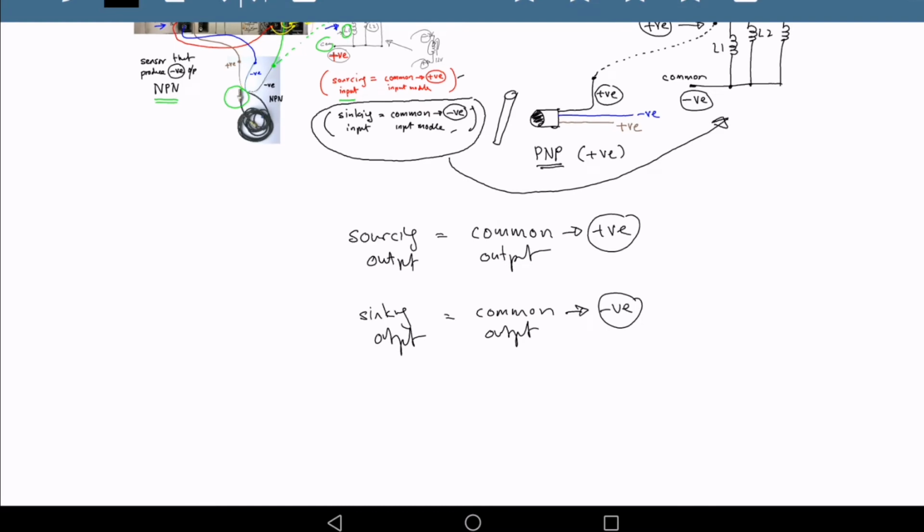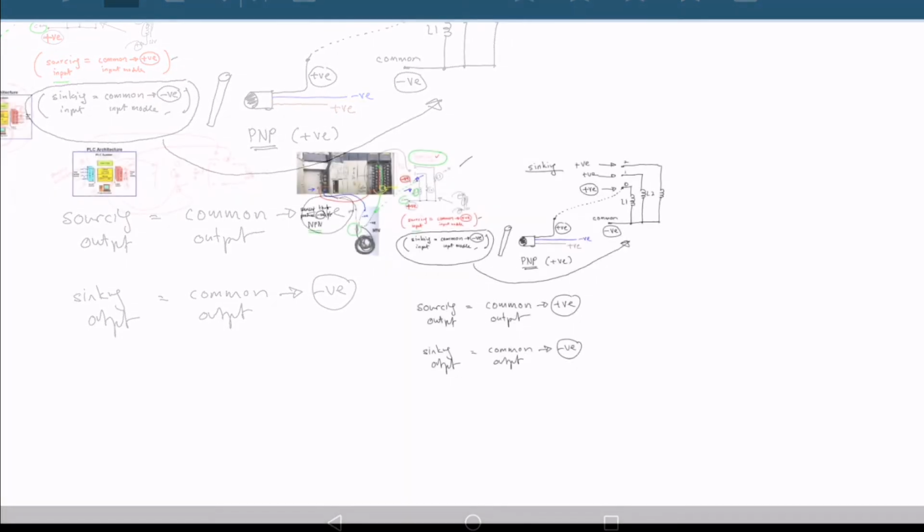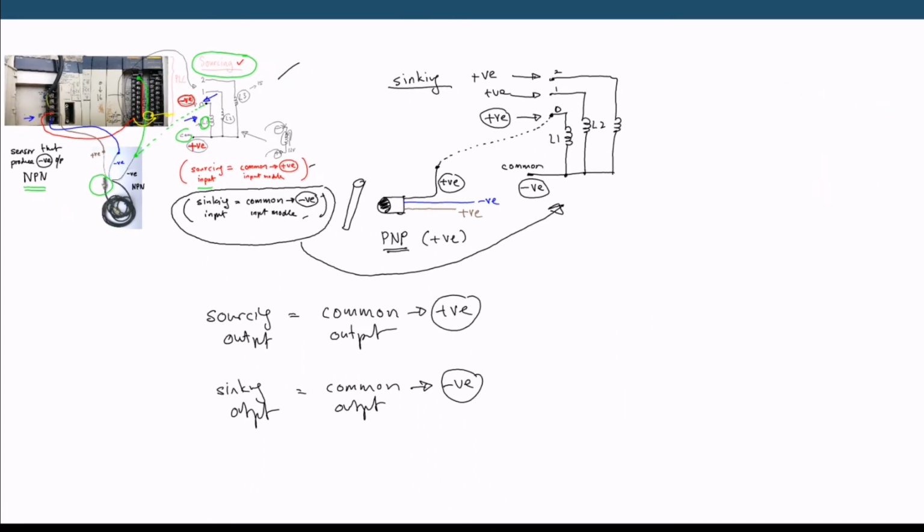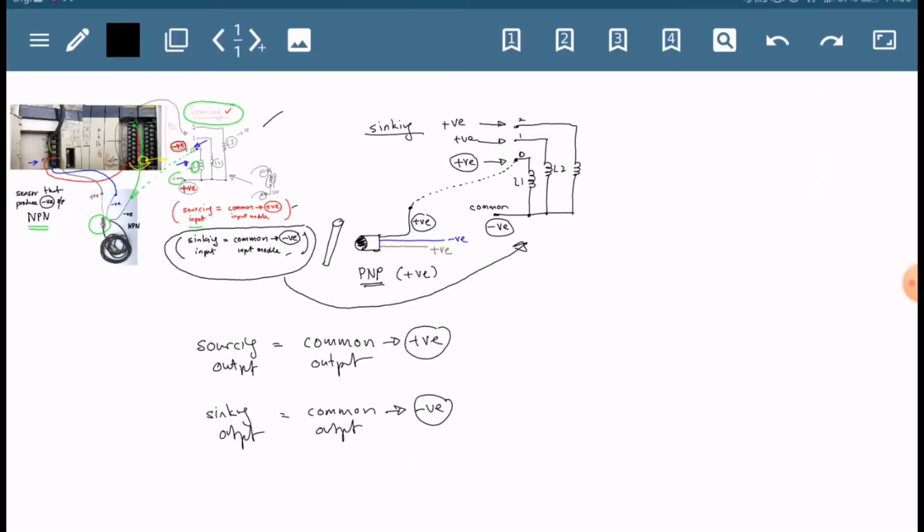What happened inside the output module? Alright, so the output module is something like, if we can draw, remember just now we have common, and then there is like a switch. This is inside your relay, inside your output module.